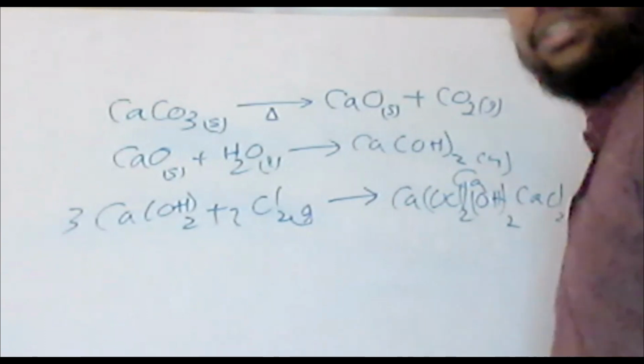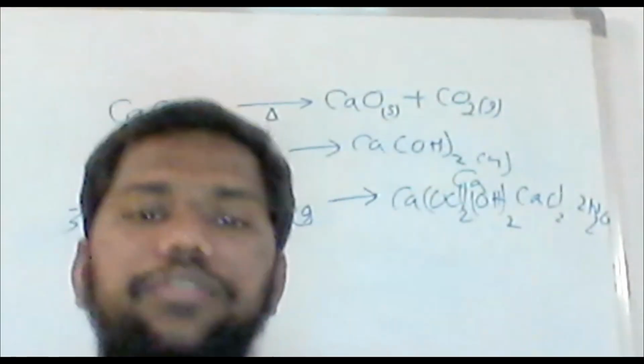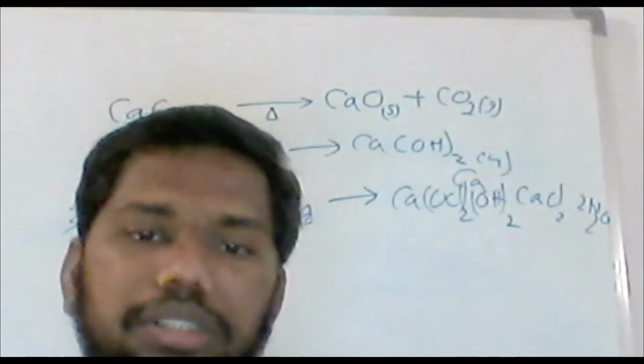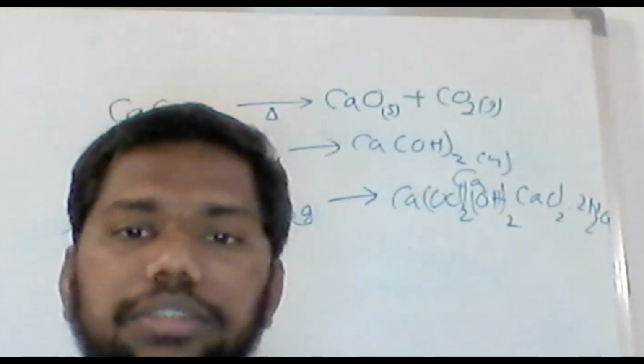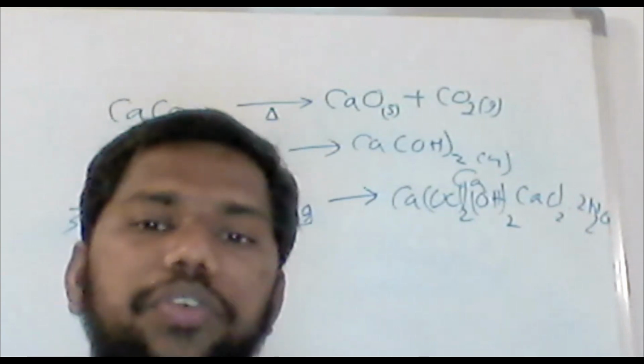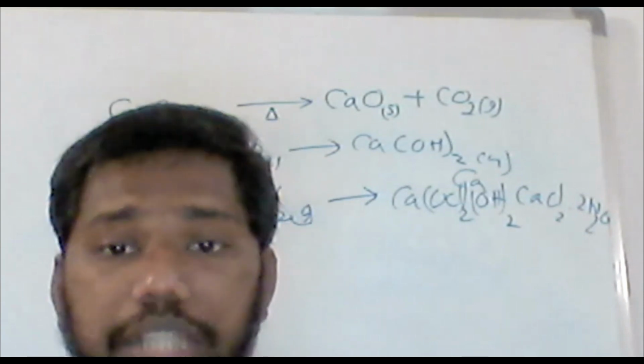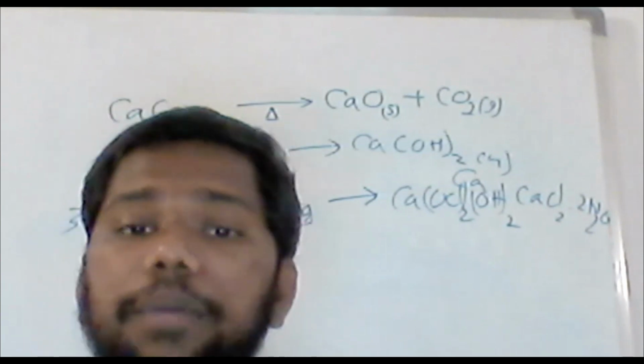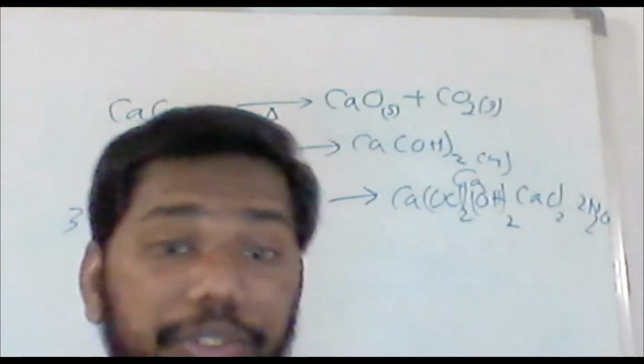So these questions become tricky because of this part, only because of this part. Because normally you don't remember these things. In fact, instead of using calcium OCl2, calcium hydroxide, calcium chloride dot 2H2O, you can end up writing calcium OCl2.